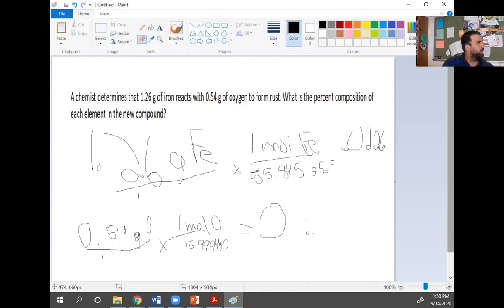All right, so it was what point? 34? So this is moles. 0.34 or 0.034? 0.034. So I missed a 0 in there. Okay.